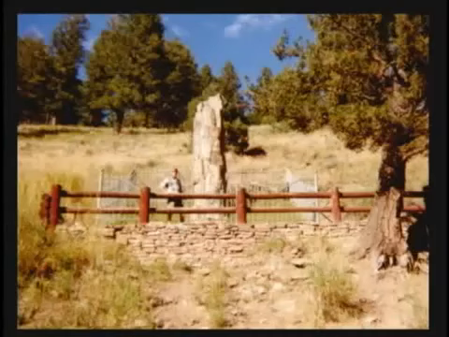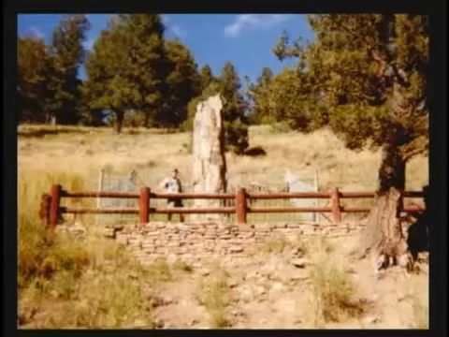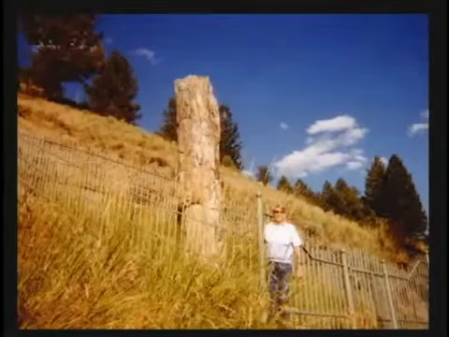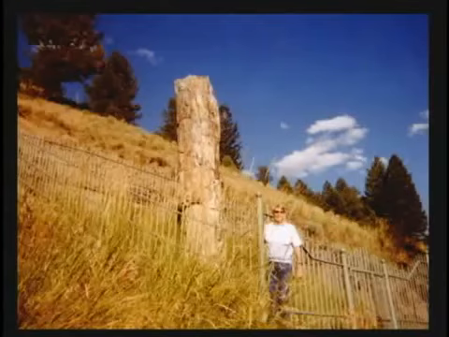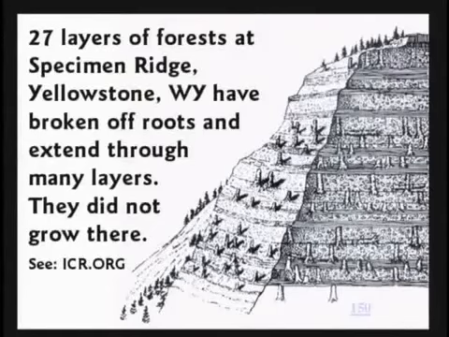The standing petrified trees in Yellowstone National Park are very interesting. There's one place, when I was up there, you can see me standing next to one here, where there are 27 consecutive layers containing petrified trees standing up. The evolutionists have always said these trees average 500 years old apiece because they count the rings in the petrified wood.